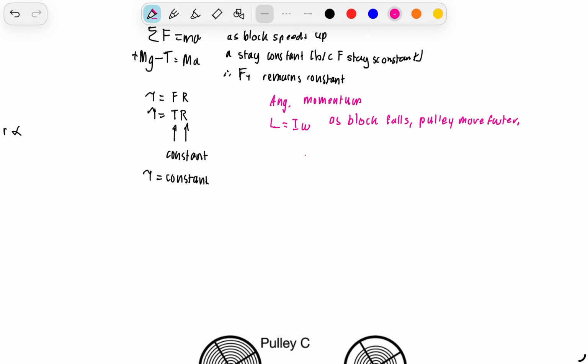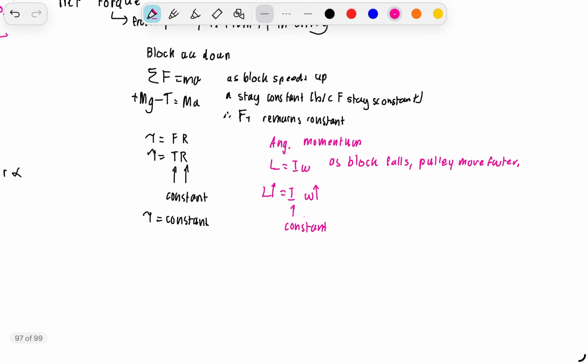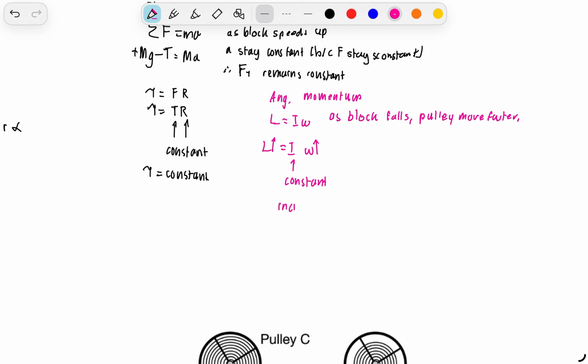So if you increase omega, that means that L has to increase because I is going to be constant. So that means your angular momentum is going to be increasing.